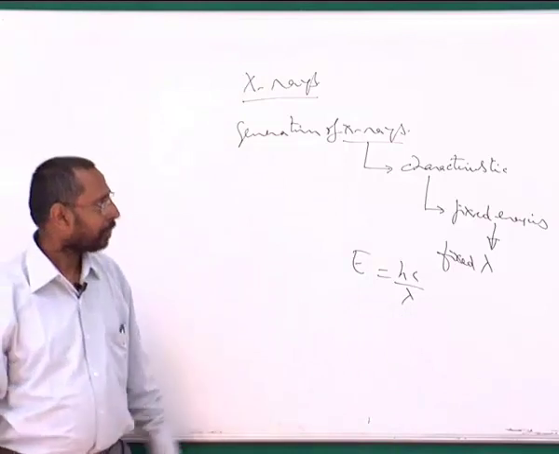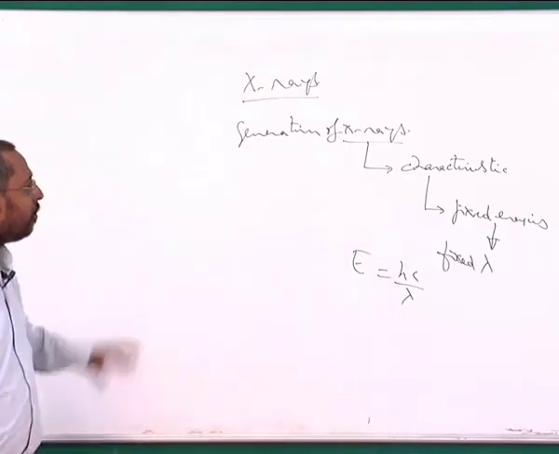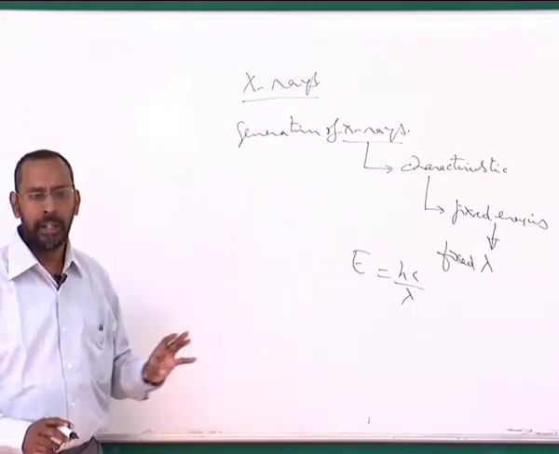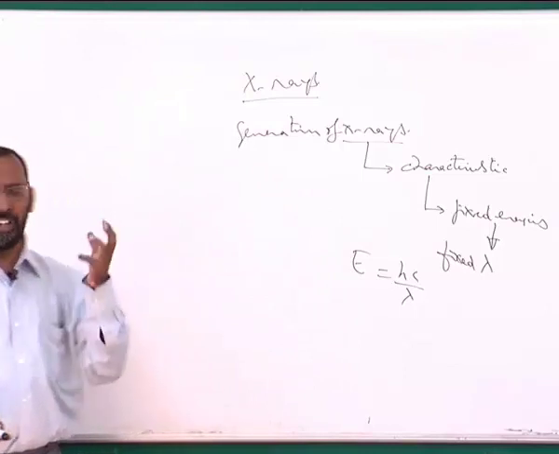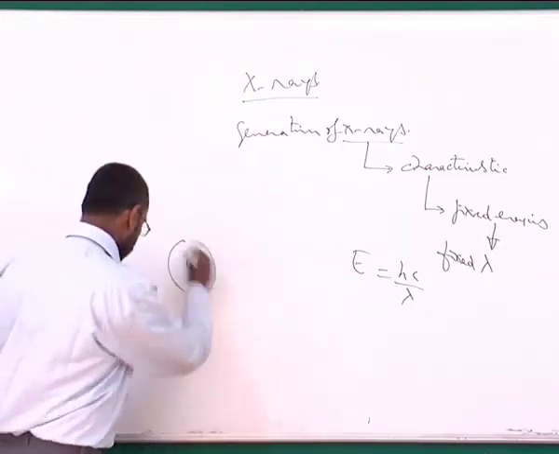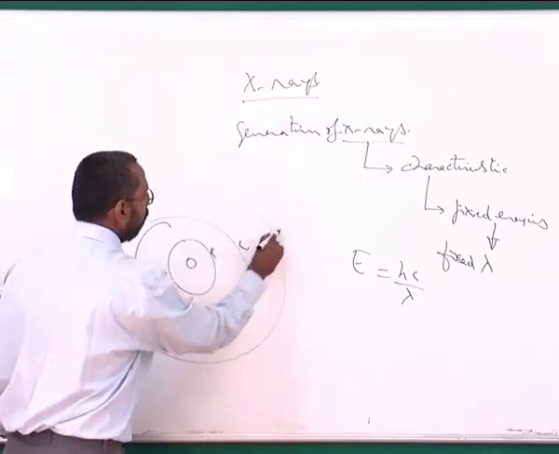And we said the characteristic X-rays come when there is not simply random scattering of electrons by a sample, but the electrons which have sufficient energy can knock off an electron from a particular shell, let's say a K shell or an L shell or M shell.